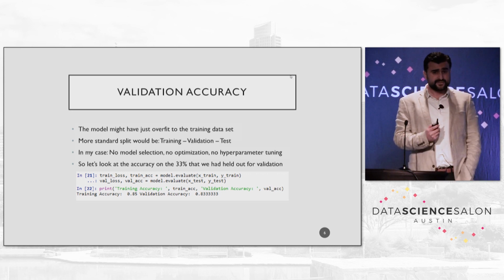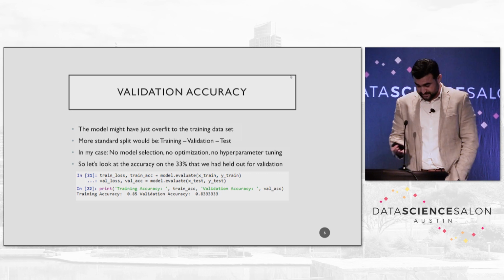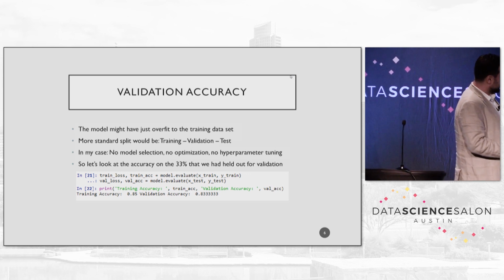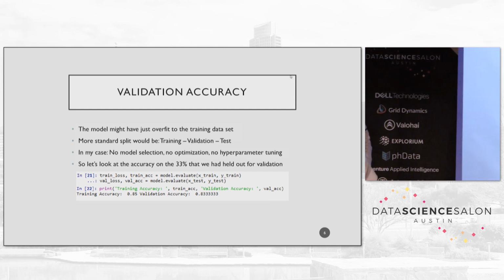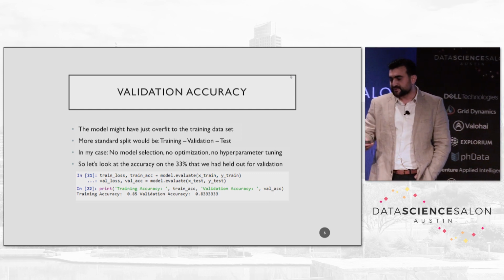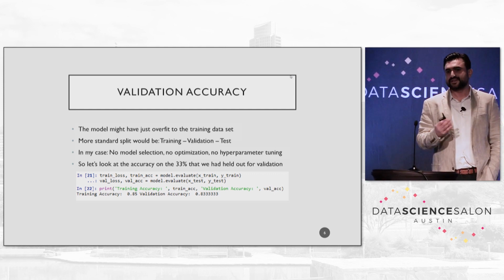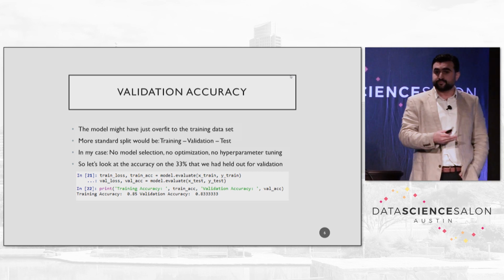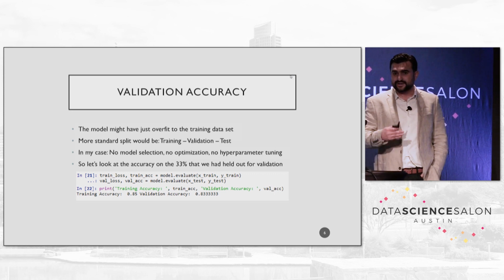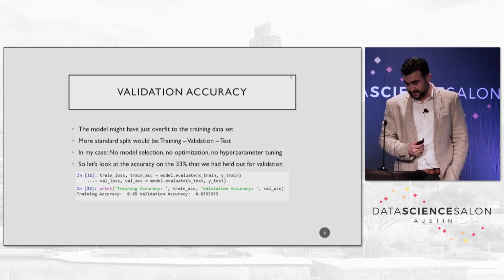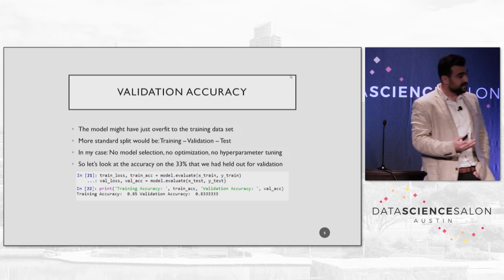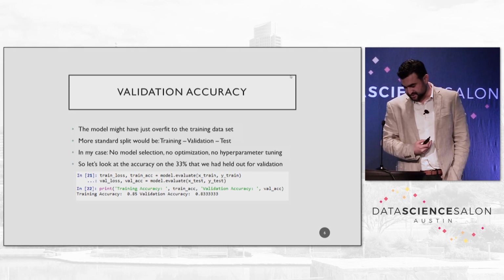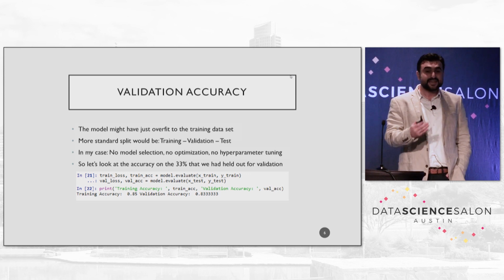So let's validate this on the held out set, which is 33%. You can look at the little code snippet here. This is the right way of evaluating a Keras model's performance, just by calling the built-in model.evaluate function inside the Keras library. And it shows that training accuracy is 85%, which we just saw, and validation accuracy is 83%.